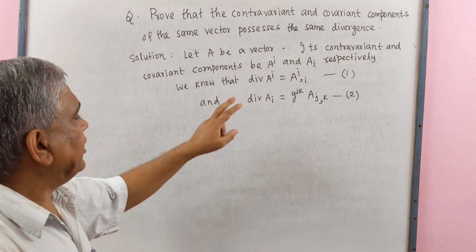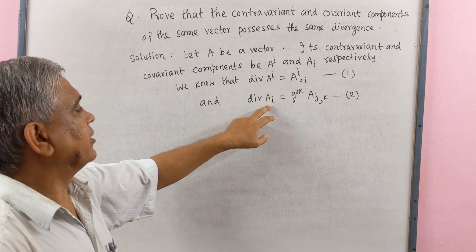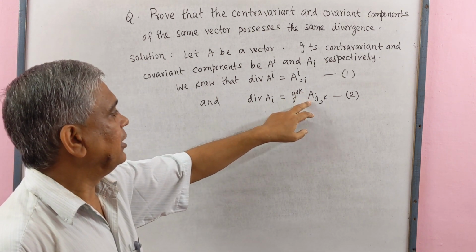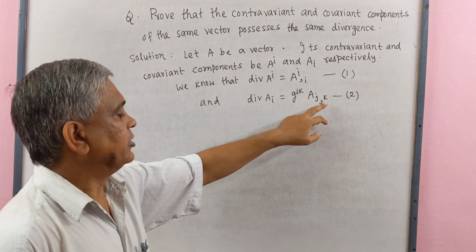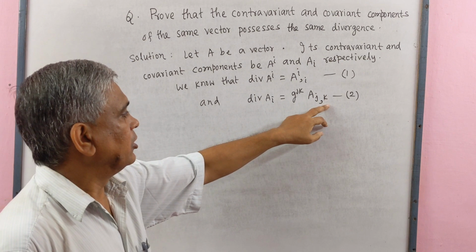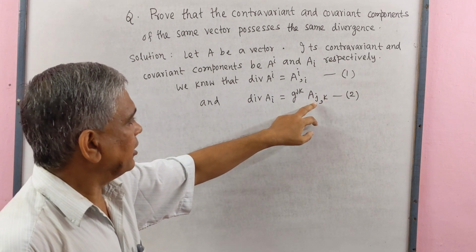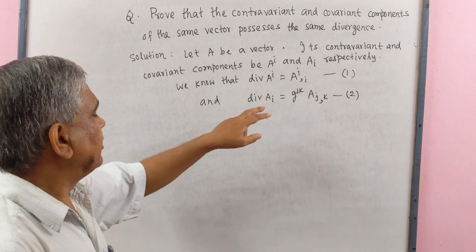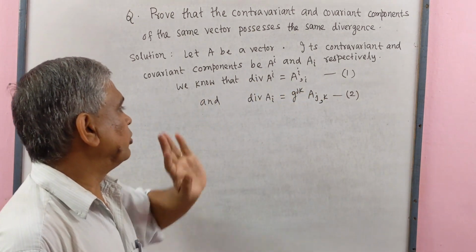Also, the divergence of a covariant vector equals g^jk A_j comma k, the covariant derivative of the covariant vector A_j. Now we shall prove that 1 and 2 are equal.